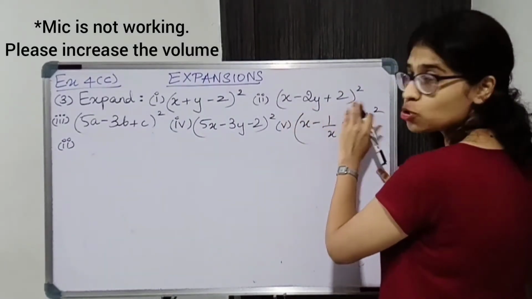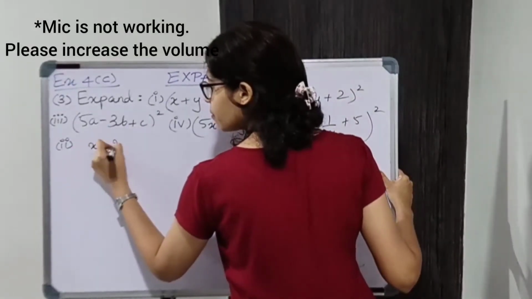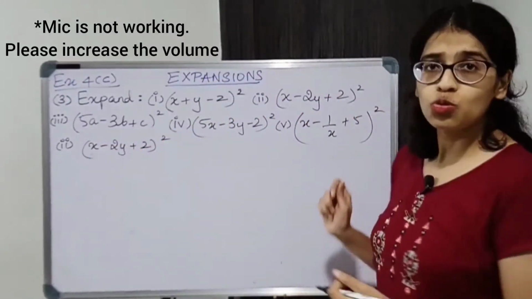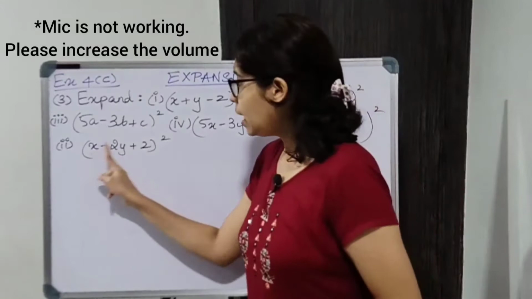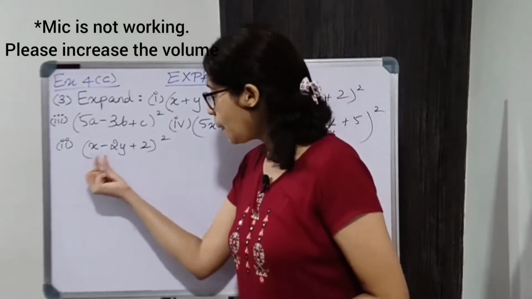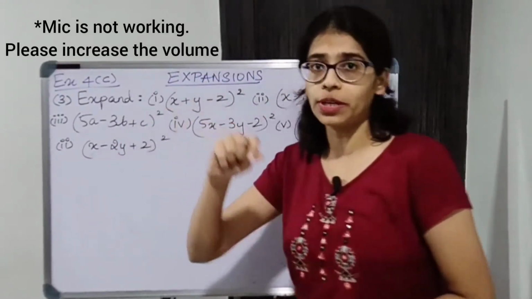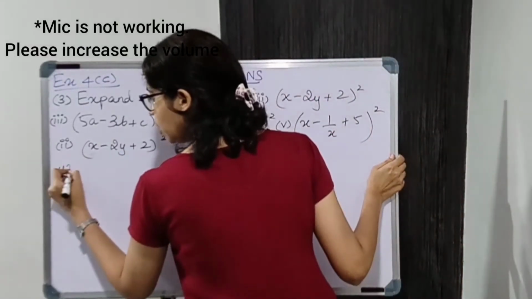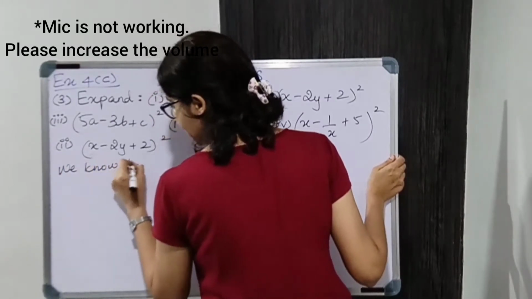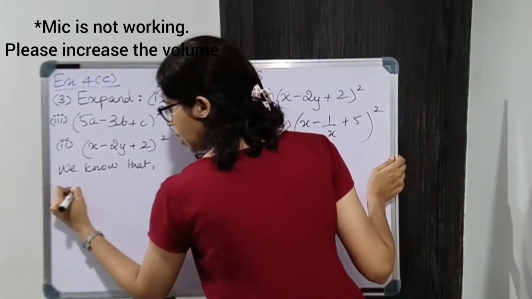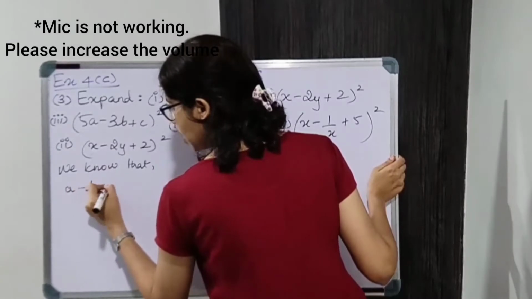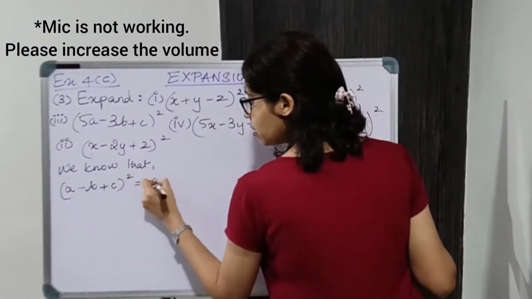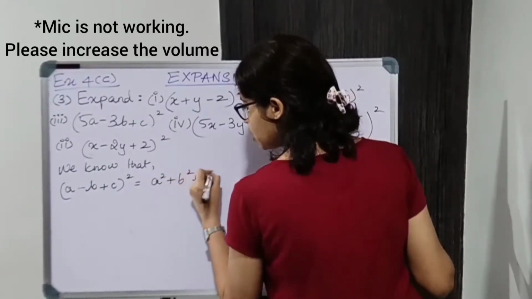Now coming to sub question 2. x minus 2y plus 2 the whole square. Now students, A, B, C. A minus B plus C, the whole square. So we write down the formula according to the sign. We know that A minus B plus C, the whole square is equal to A square plus B square plus C square.